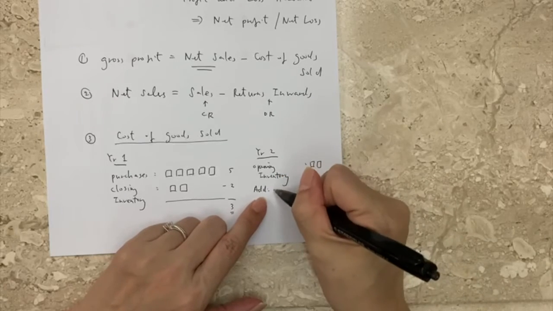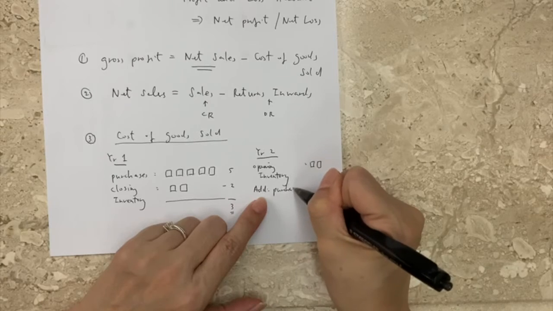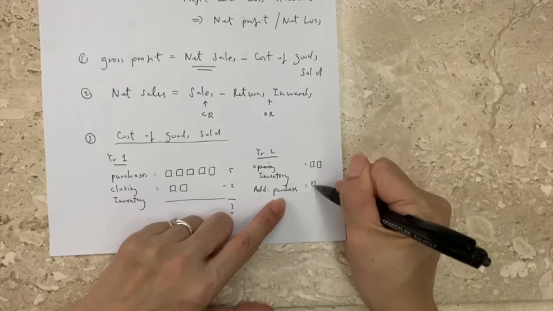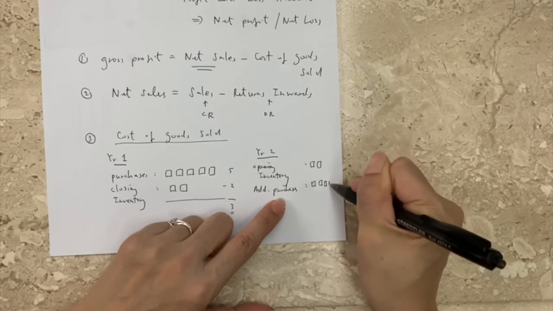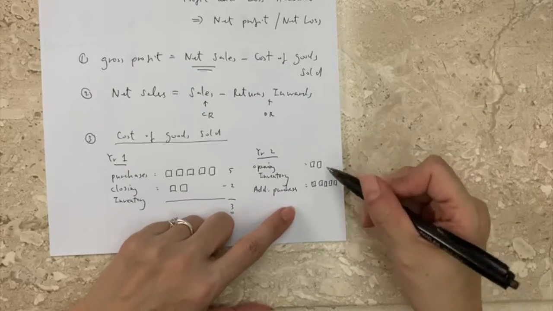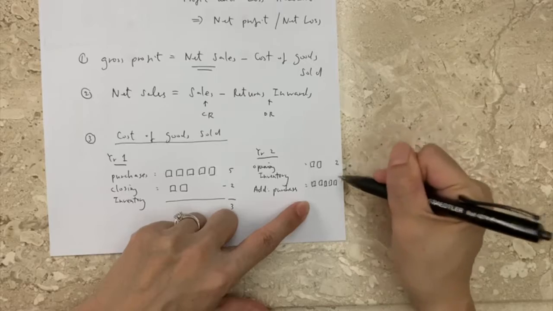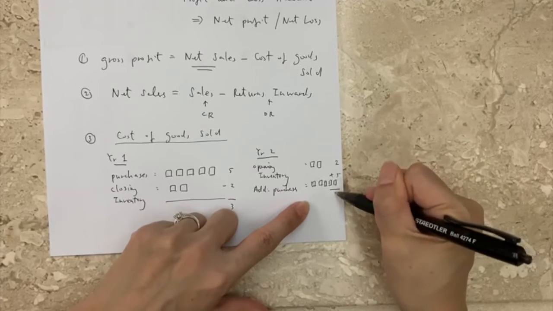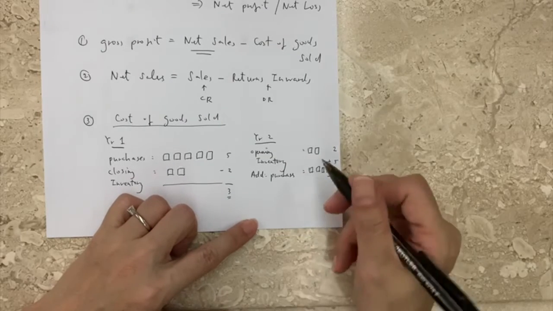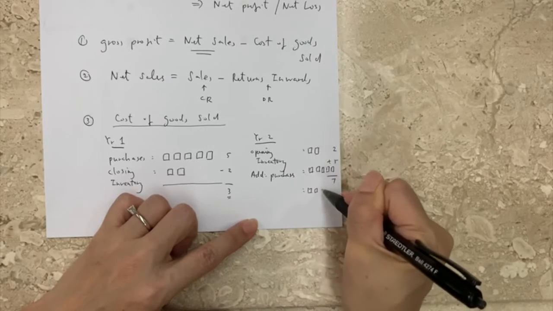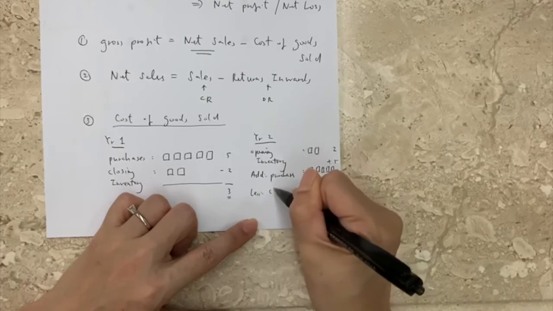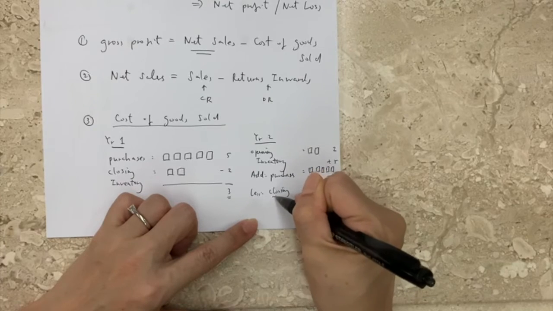So we add purchases. Let's say during year 2 we buy another 5. Let's see how many units of goods we have: 2 plus 5, we get 7. Then we count how many are left, and let's say we have 3 left. What do we call this 3 left? We minus closing inventory.